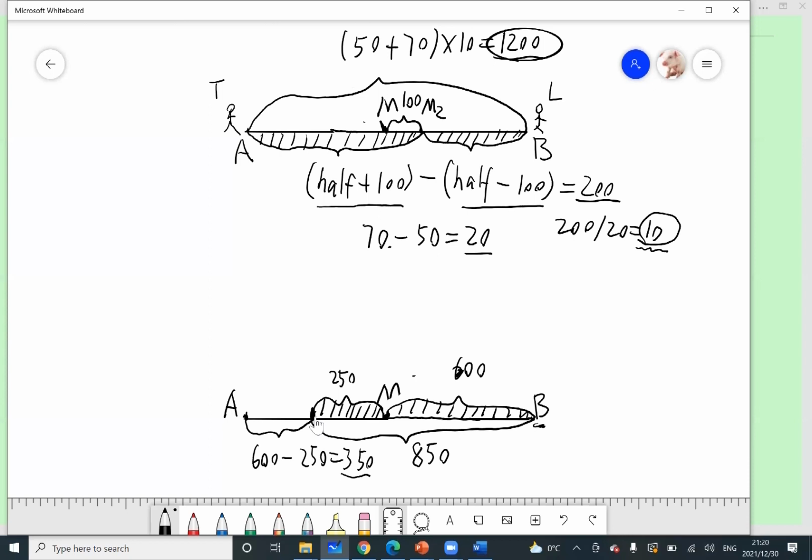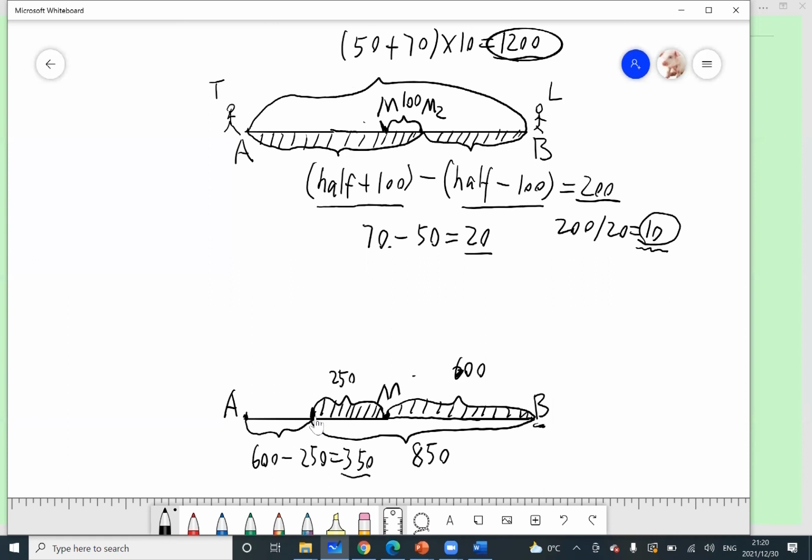We can see that Tom is faster than Larry, but this time Tom had traveled much less distance than Larry. Why is that? Because Tom stopped and Larry didn't. Yes, right. So it's similar to the turtle and rabbit race, right? Tom is faster, but the guy is lazy. He didn't keep going.